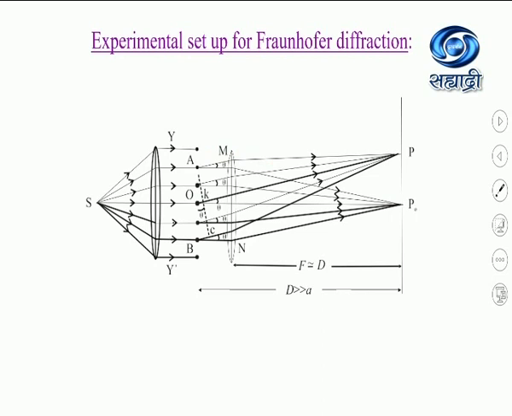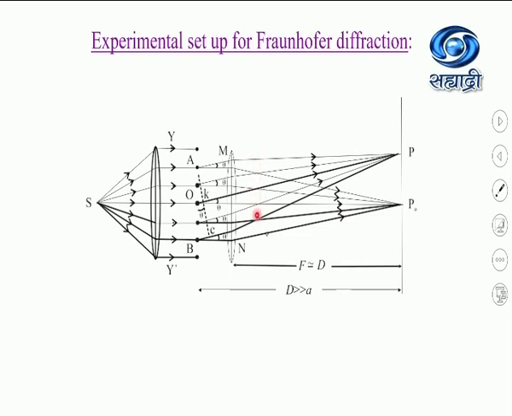All the waves emitted by different slit elements cover the same optical path to reach point P0 on the screen, and therefore the rays have no path difference, or no phase difference between them when they arrive at point P0 on the screen.